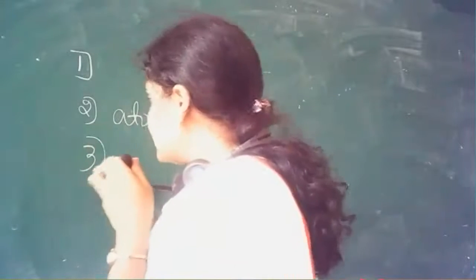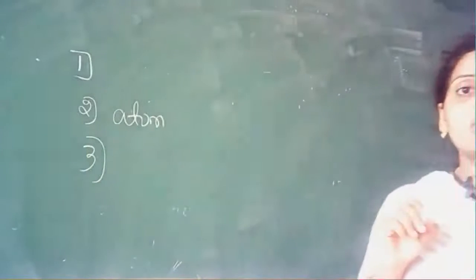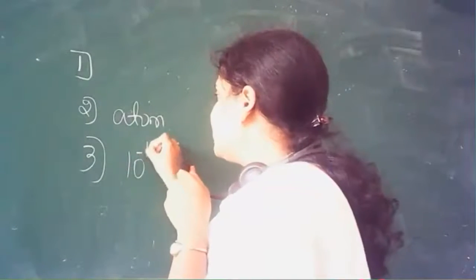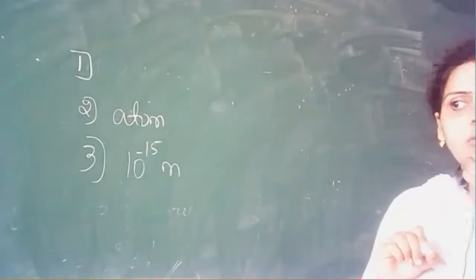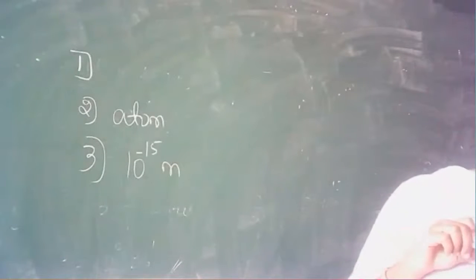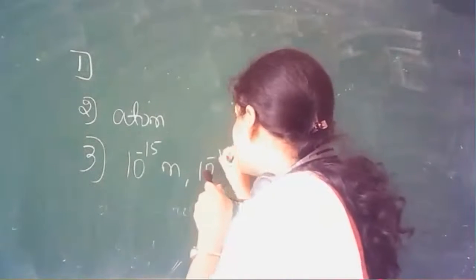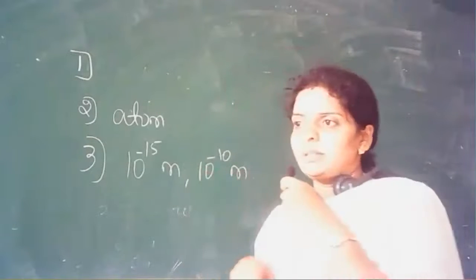Then what is the third point here? The third point explains that the size of the nucleus is of the order of 10 raised to minus 15 meters, and the size of the atom is of the order of 10 raised to minus 10 meters.